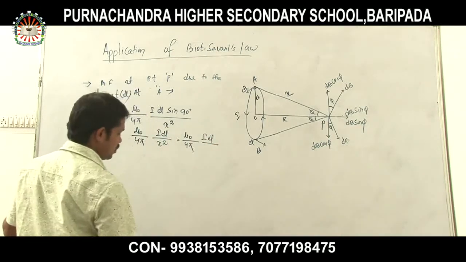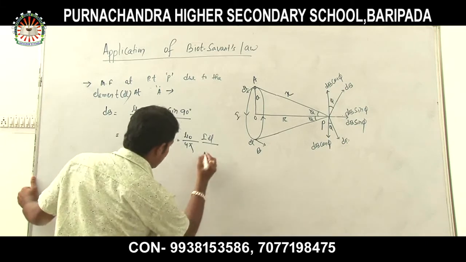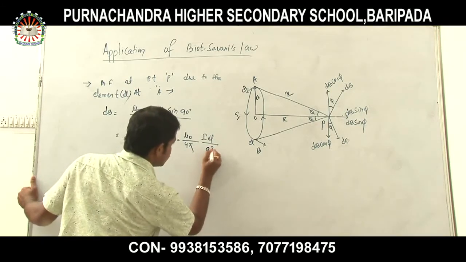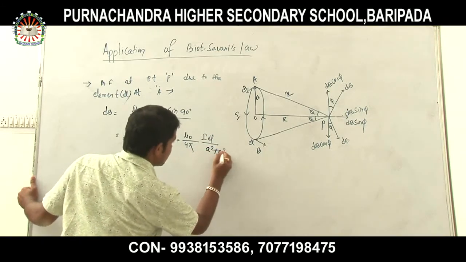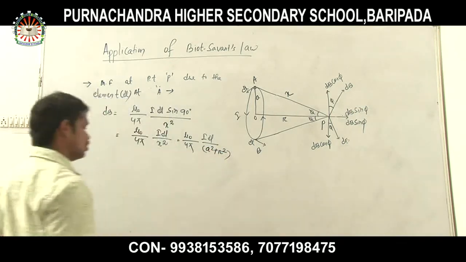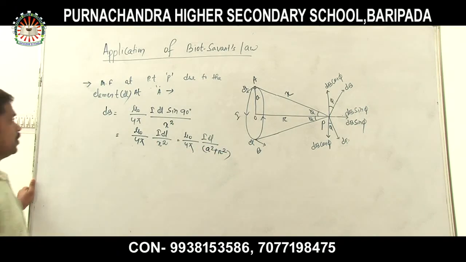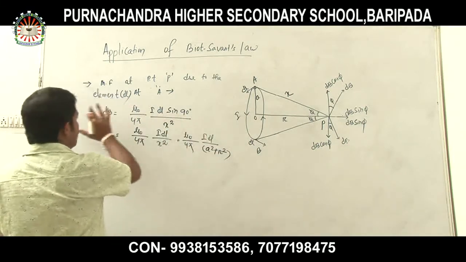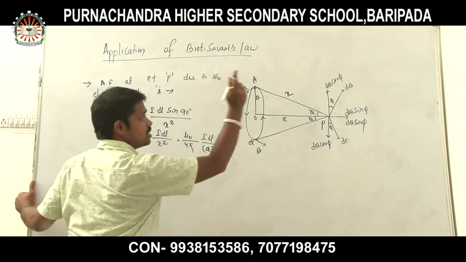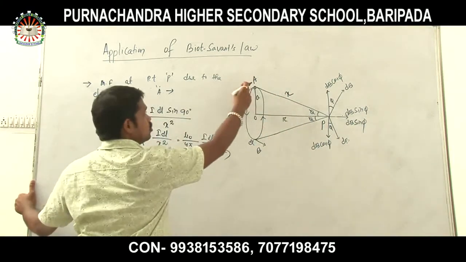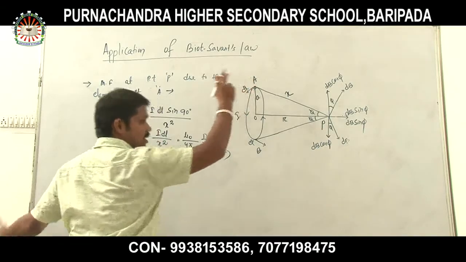In place of x square, what do I have to put? I have to put a square plus r square. Understood all of you? Clear all of you? So this is my magnetic field at point P due to the element at A.